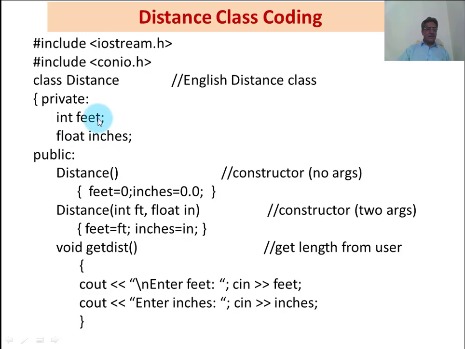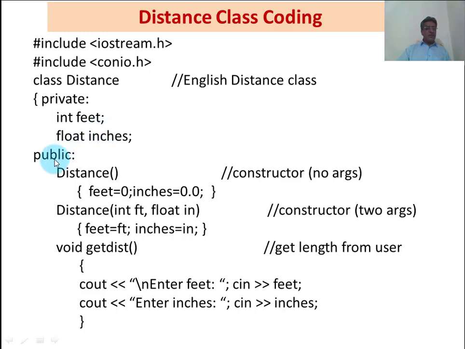Each distance contains feet, and the rest of the distance which is less than a foot is measured in inches. So these are two attributes for measuring every distance, either length, height, or width, etc.